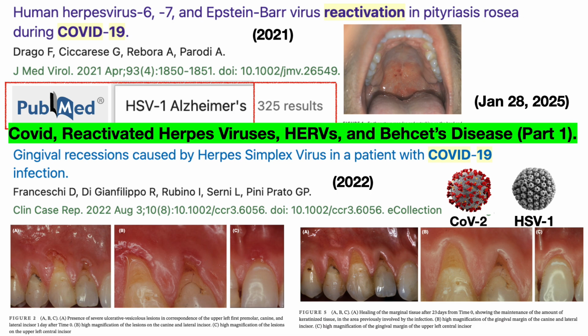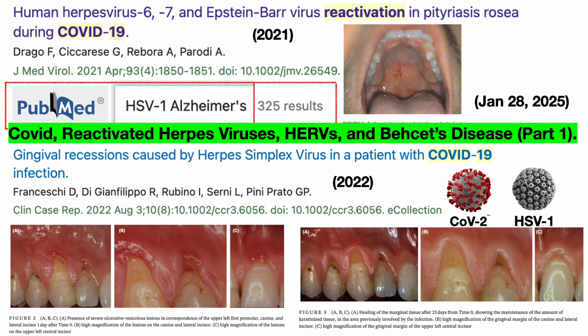Pityriasis rosea is a type of rash. In this case, it was a young man who developed a rash-like set of lesions in the back of his throat. And when these lesions were examined, they found reactivated herpes virus 6, 7, and Epstein-Barr virus reactivation in these lesions.